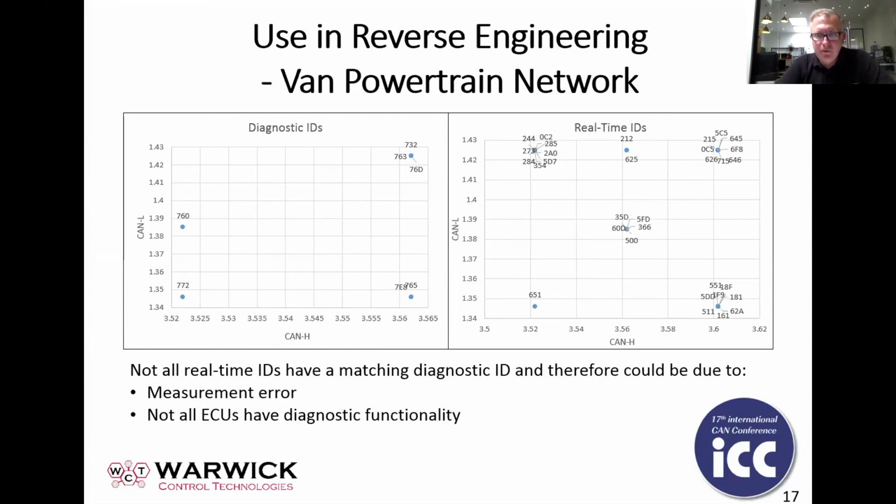So what this is showing here is that there could be a problem. It could be measurement error, it could be that not all ECUs have diagnostic functionality. It could also be that some further collections need to take place to be able to dig down deeper into what's going on. It could also be that the method is not working so well on this particular network because of the particular characteristics of the actual CAN bus electrical signatures.